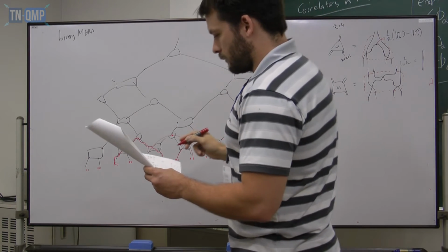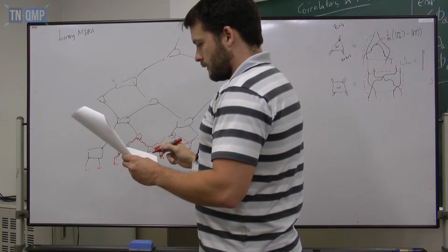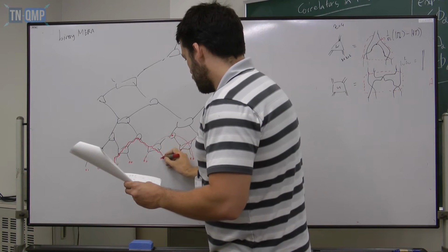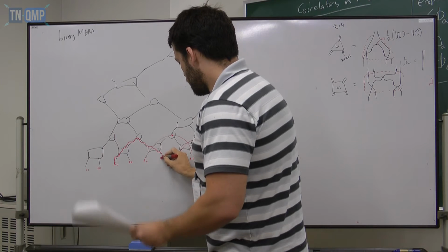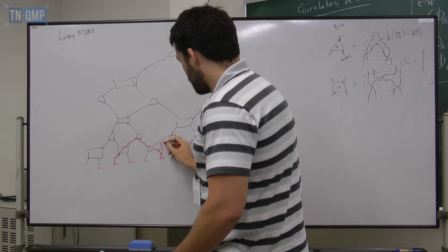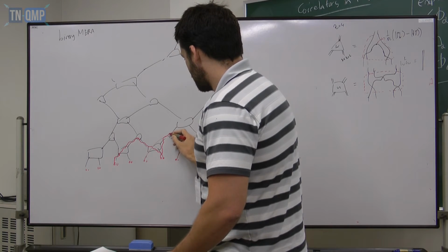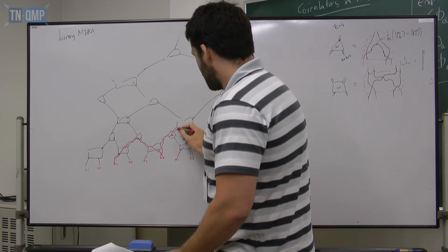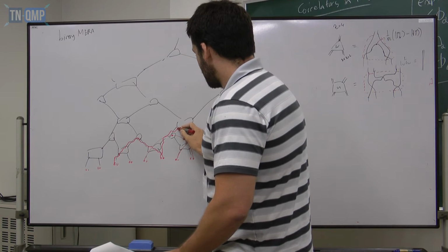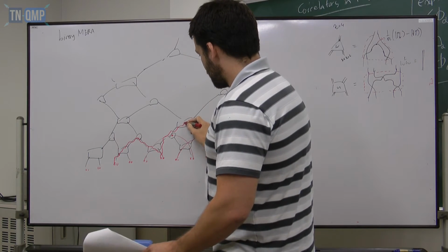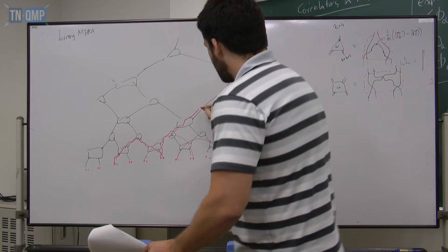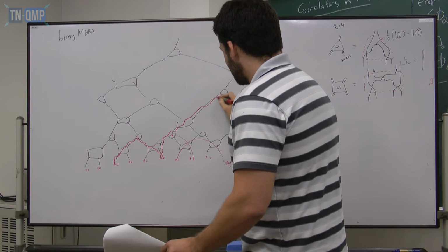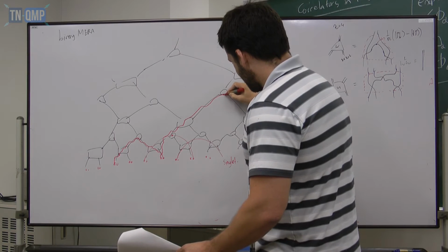Let's look at what happens if I follow one here. I go around, I go up, I go around, I go through, I go around, I go through. I should be doing this more carefully, but I think this is correct.